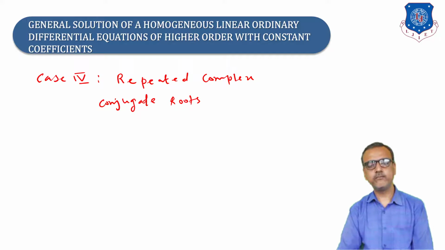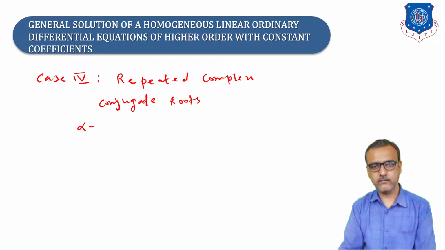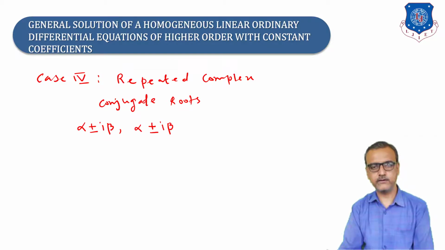Along with repeated complex conjugate roots, we will be having real values also. Say we have one pair alpha plus minus i beta, second pair alpha plus minus i beta.